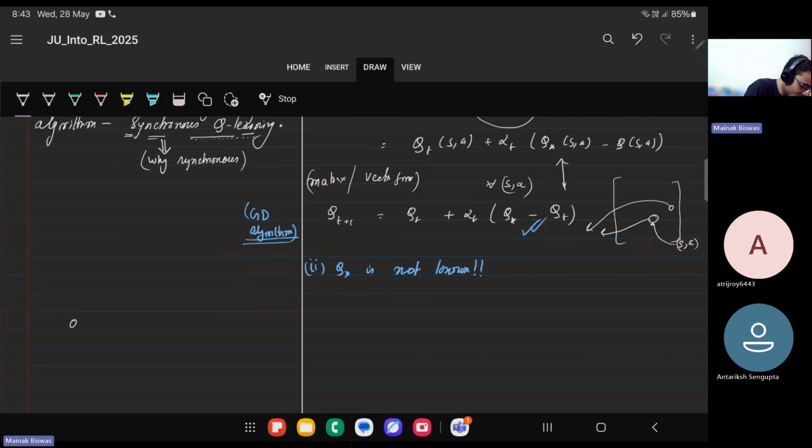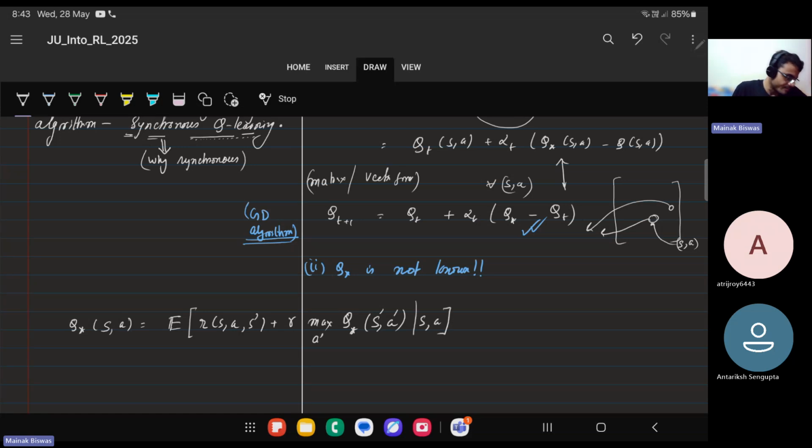So let us first write q star of s comma a as the expected value of, what is it? Reward of s, a, s dash, plus gamma. Yes, it's fine. So s comma a is given.